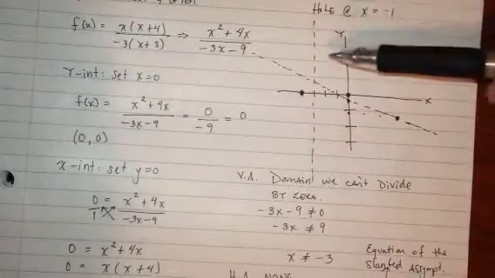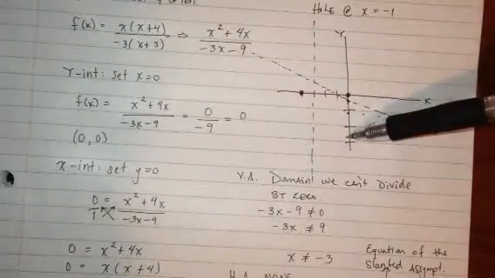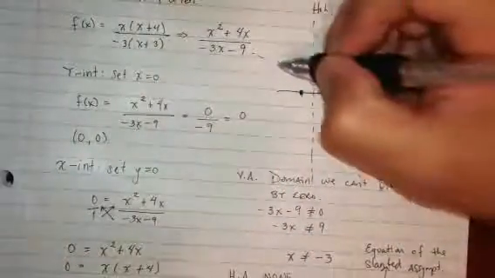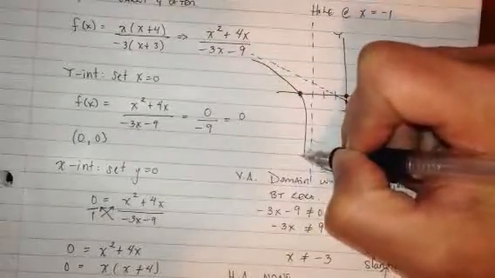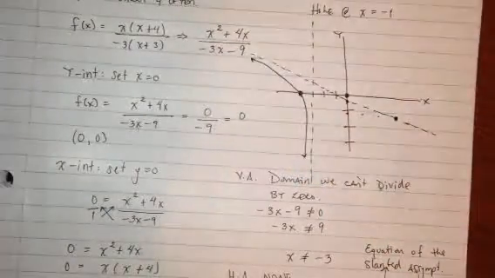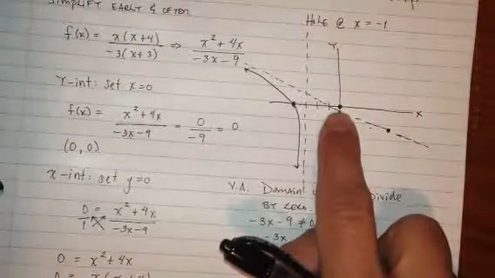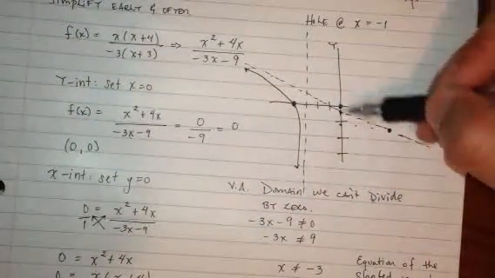And notice a lot of times with these, they're always going to be reflecting opposite of each other. Okay. Now I noticed that I have an x-intercept here, so this guy, when I sketch it, I think it's going to do something like this, and it's going to hug the asymptote, like so. Okay. Well, what about this guy over here? Well, it looks like if it passes through the origin, it's going to go right here.